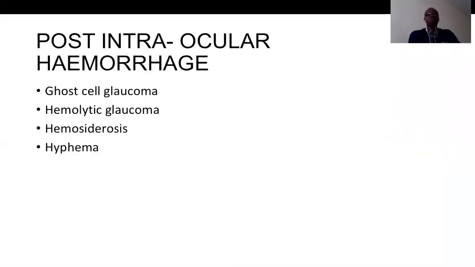The next group of secondary open angle glaucomas is those occurring after intraocular hemorrhage. We've actually mentioned ghost cell glaucoma, hemolytic glaucoma.